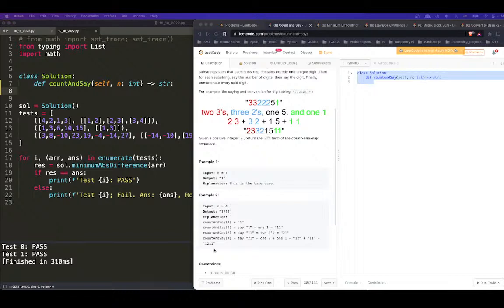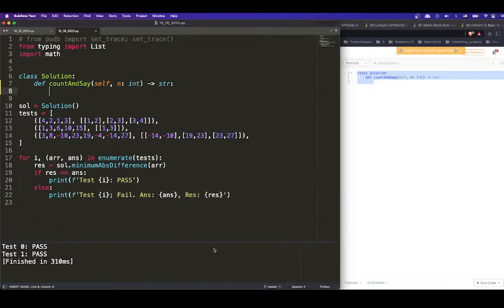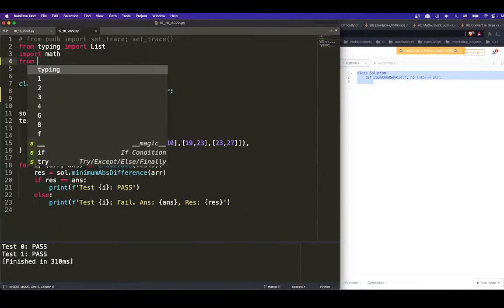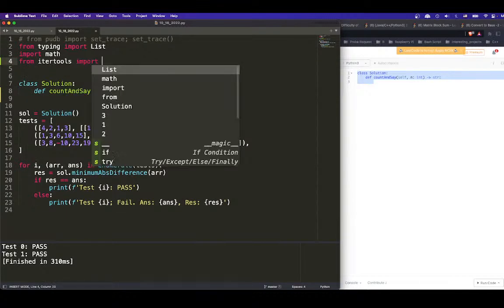So just actually return this thing. Oh, okay. Actually, I think I was wrong. What are you thinking? I'm thinking using group by.